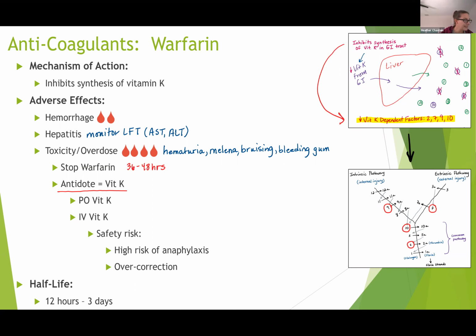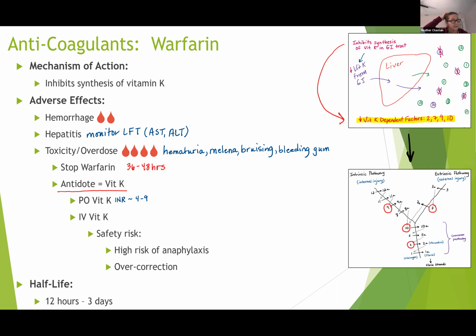warfarin is vitamin K. We're going to give PO vitamin K if they have an INR around 4 to 9. So just think about that. That's just for a patient who has 4 to 9 times longer to form a clot. That is a long period of time, okay?